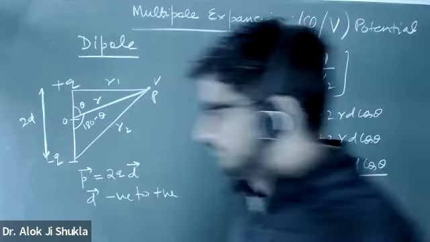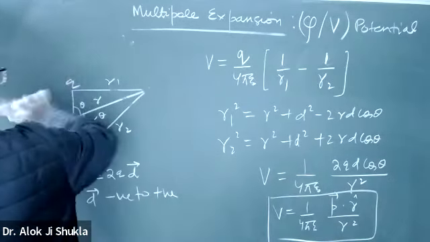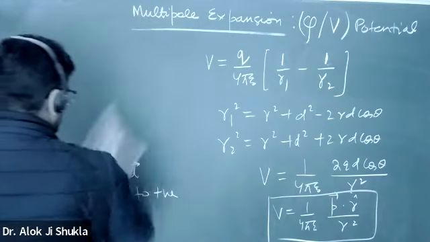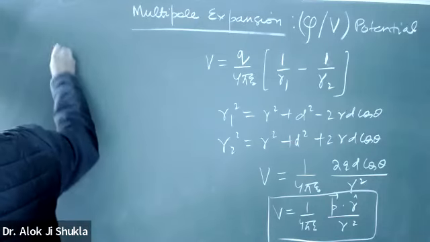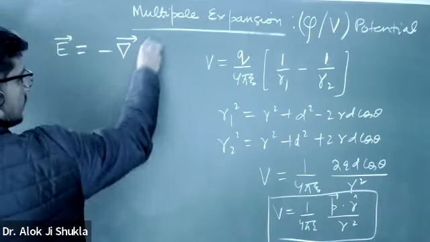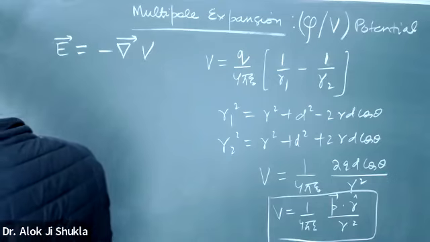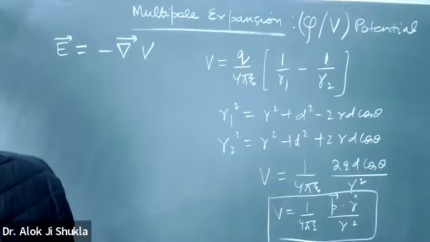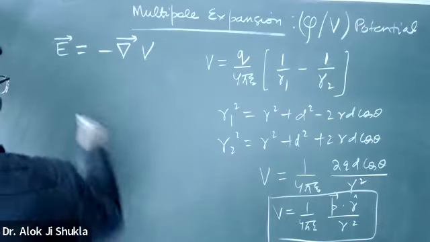And field? What is the electrostatic field when you know the potential? E is equal to minus grad of V. So when you apply the grad in R theta, I mean in XY plane, phi 1 will become 0 because there is no phi term.